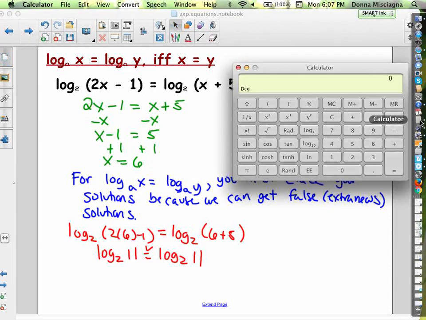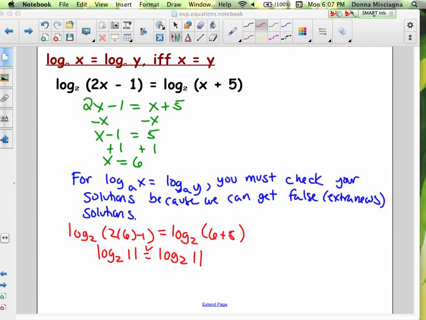I probably should have written it down. So if I want to plug this into the calculator using the change of base formula, I'll write it down first, and then I'll put it into the calculator.